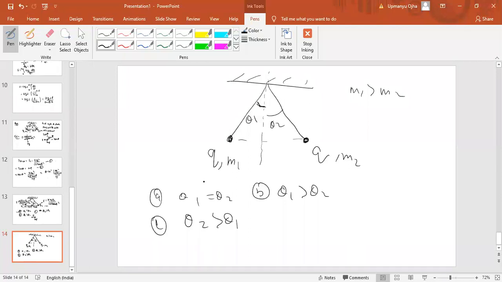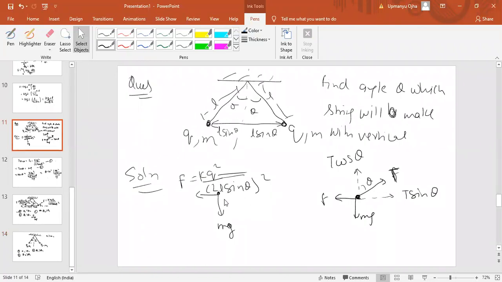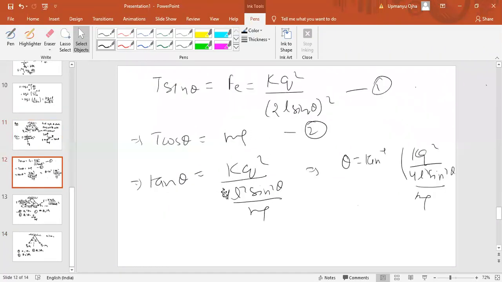So what is the correct answer for this? Option A, B, C, or D? M1 is greater than M2. If you look at the derivation which we have done in the first part, tan theta is the electrostatic force by mg. So from here we can say that theta, the angle which the ball makes from the vertical, is inversely proportional to mass.